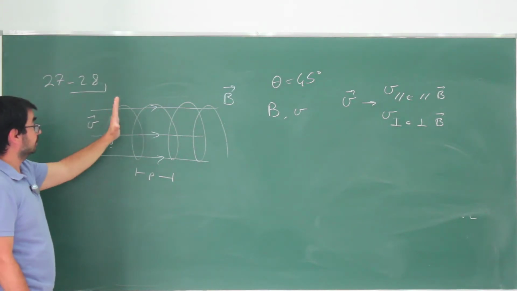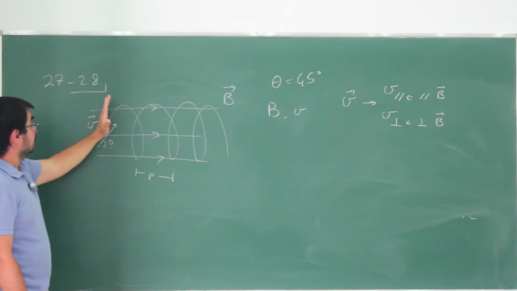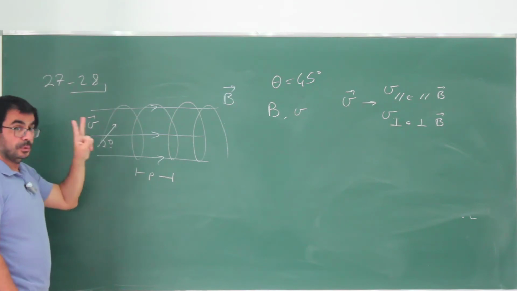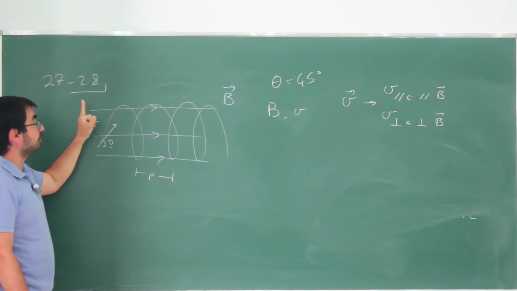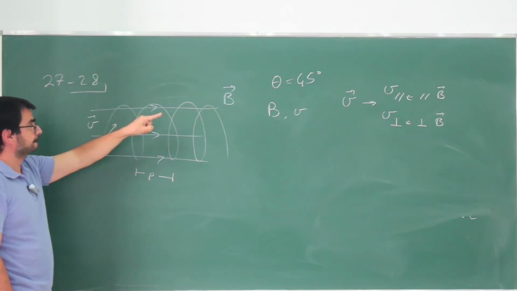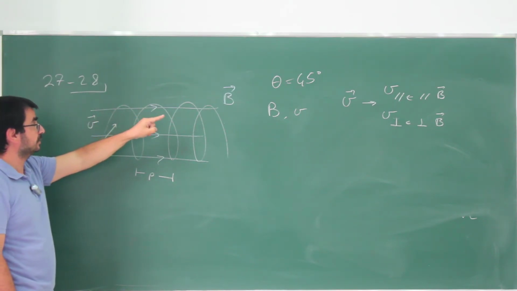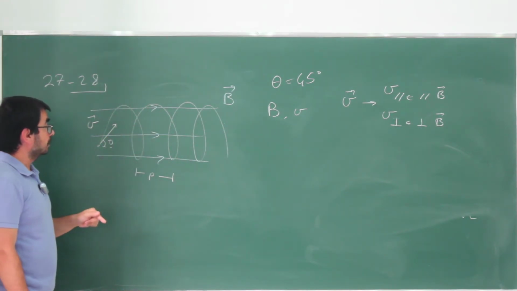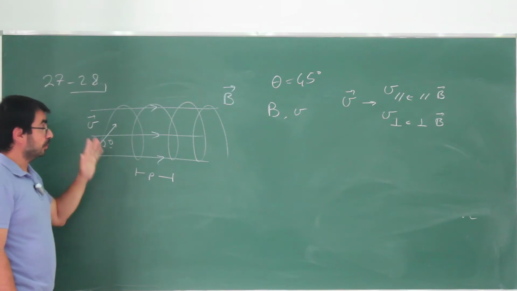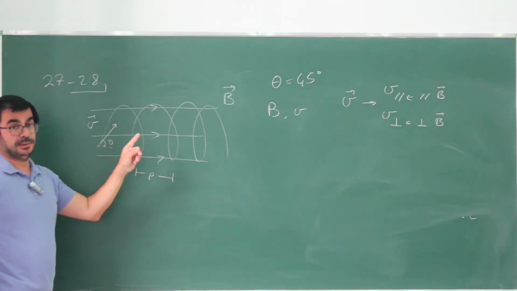So something like this. So then this velocity is going to have two components. One component is in that plane. That is going to feel a force that is going to be affected by the magnetic field. The other one is going to be parallel to the magnetic field, perpendicular to that one. That's not going to be affected by the magnetic field.